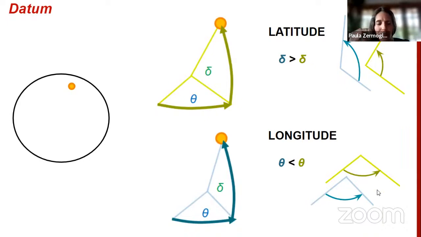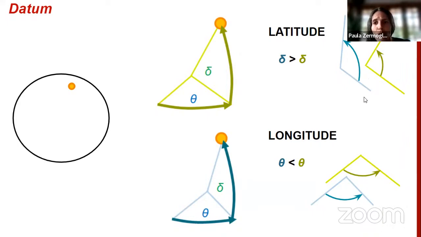So for example, if I give you coordinates for this point and I don't tell you which datum we're using, if there were only two datums available, we could have this much difference in longitude and this much difference in latitude. Now, the thing is that there are a lot of possible datums.